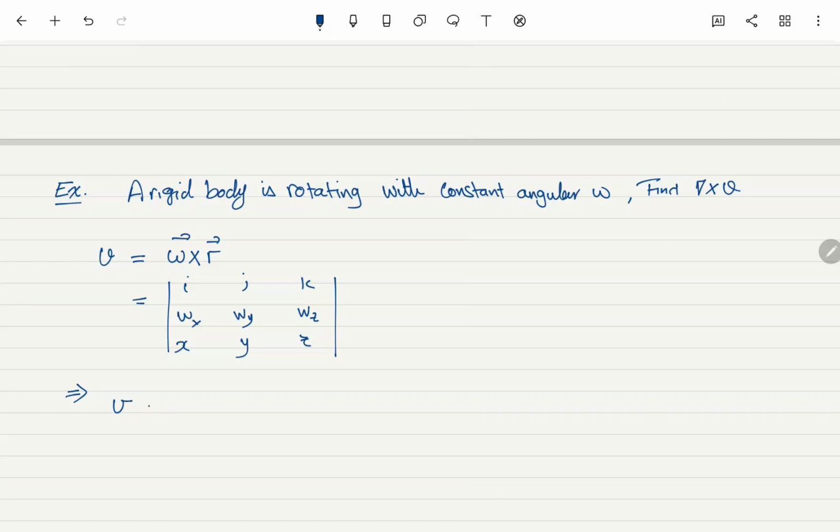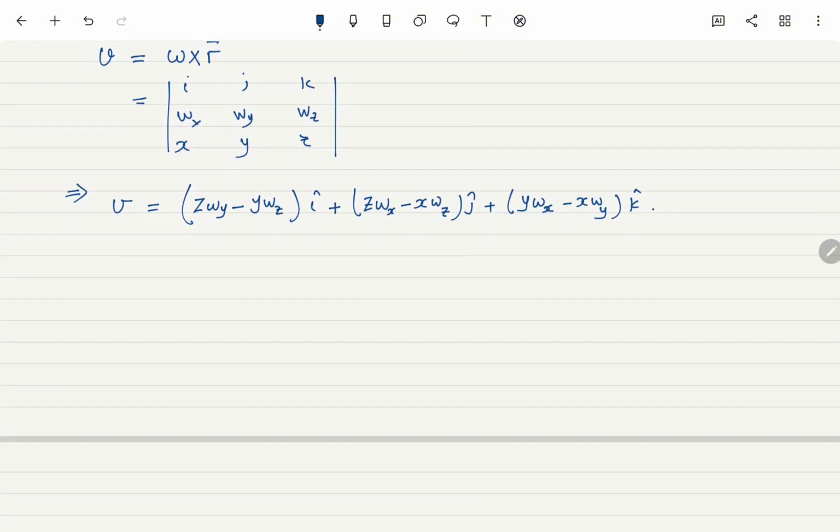Therefore v is equal to z omega y minus y omega z, this is i hat, plus z omega x minus x omega z, this is j hat, plus y omega x minus x omega y, and this is k hat.